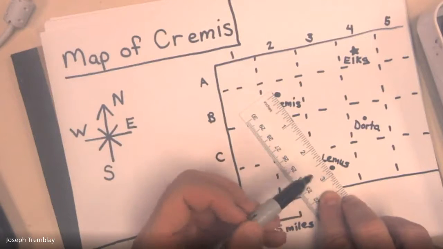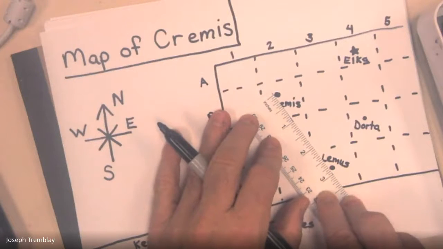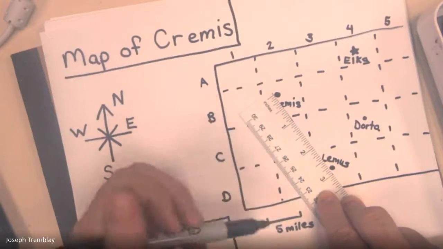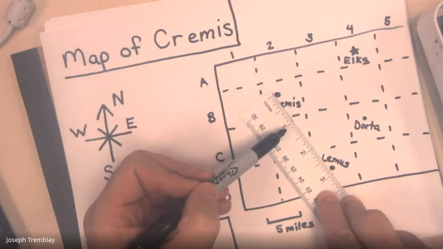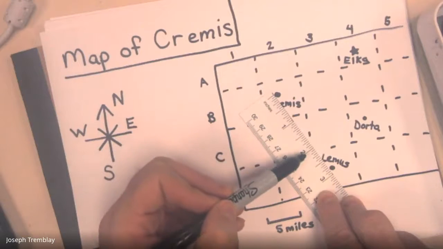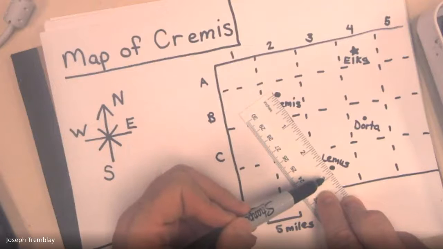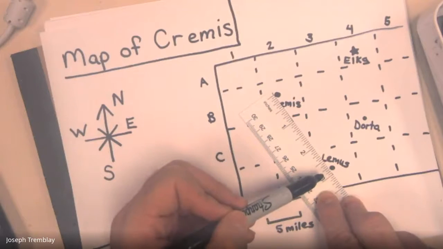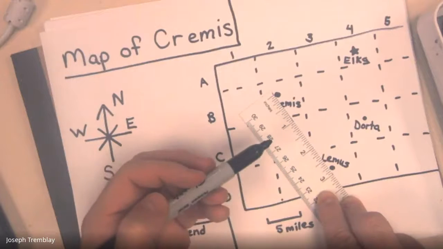It's not quite 3 inches. So I'm estimating here. So if I was going to get my closest estimate to my scale of miles here, I would say 1 inch is 5, another inch is 10, and then almost another 5 miles. So I'll say it's about 15 miles because 3 times 5 is 15.